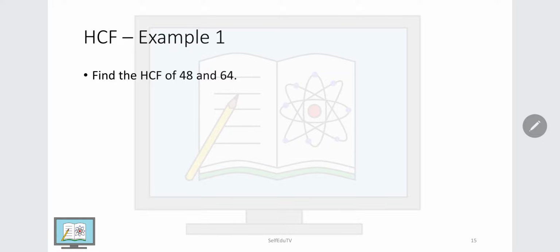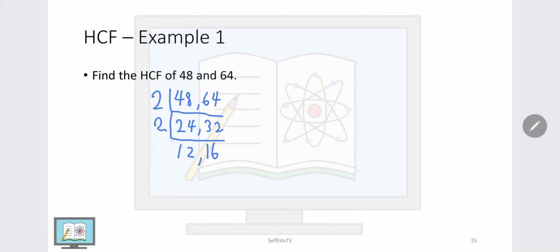Find the HCF of 48 and 64. Following the same procedure, both 48 and 64 are divisible by 2. 24 and 32 are divisible by 2. 12 and 16 are still divisible by 2.